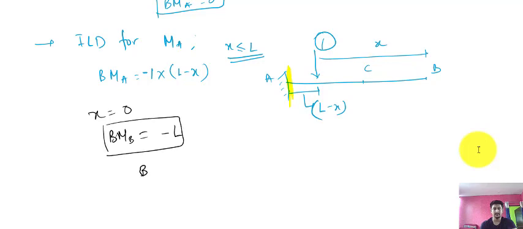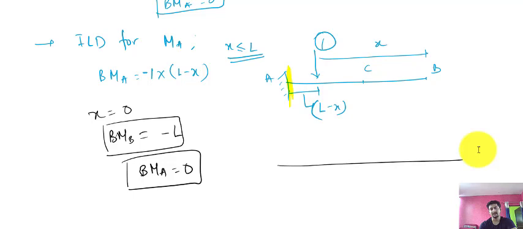And when the bending moment equation is at A, put the value of x equal to L, that will be L minus L, which is 0. So bending moment at A will be 0. So the influence line diagram for bending moment at point A will be, for x equal to 0, minus L, and A point is 0. So ILD for MA is this.